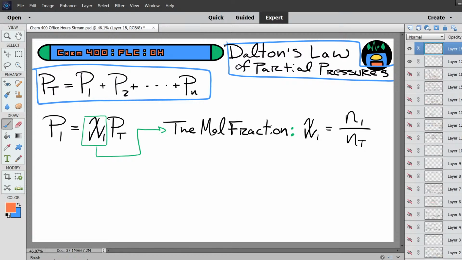So this is right here, moles of gas one, and this is total moles right down here. And this, just for completeness, is the total pressure.